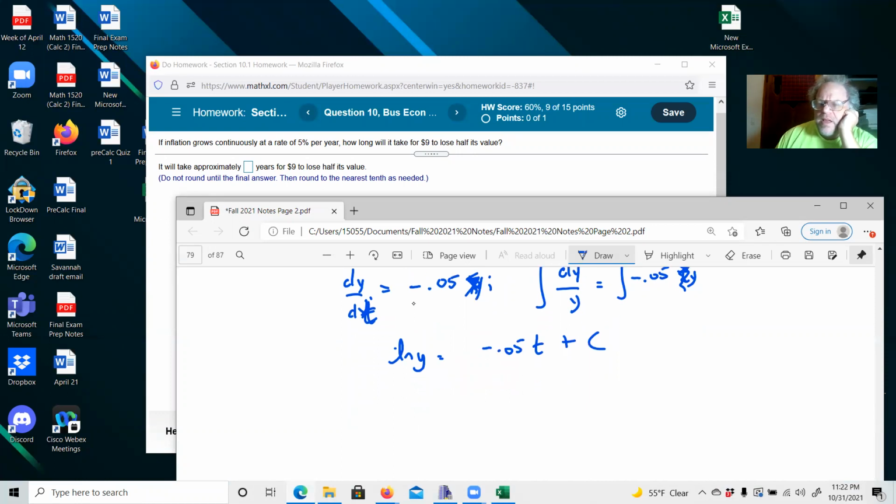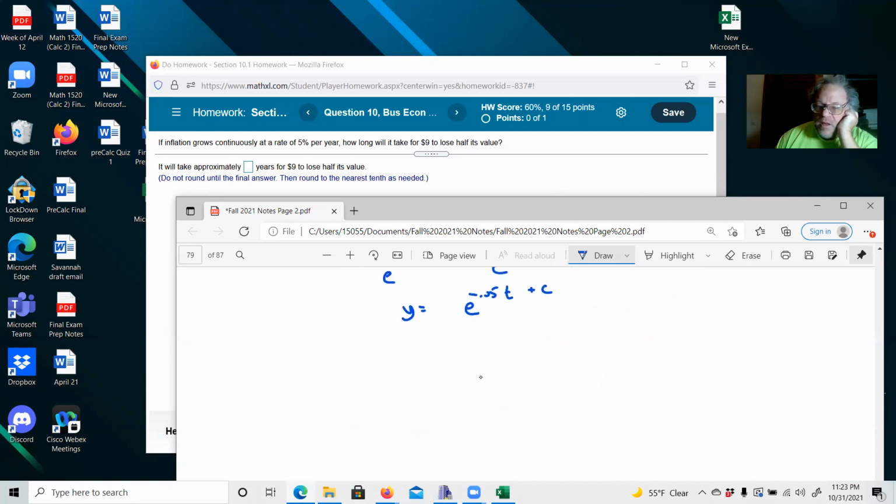Let's go ahead and exponentiate. So we have y is equal to e to the negative 0.05 t plus c, because we are making e the base of both sides. So negative 0.05 t times c is equal to y.